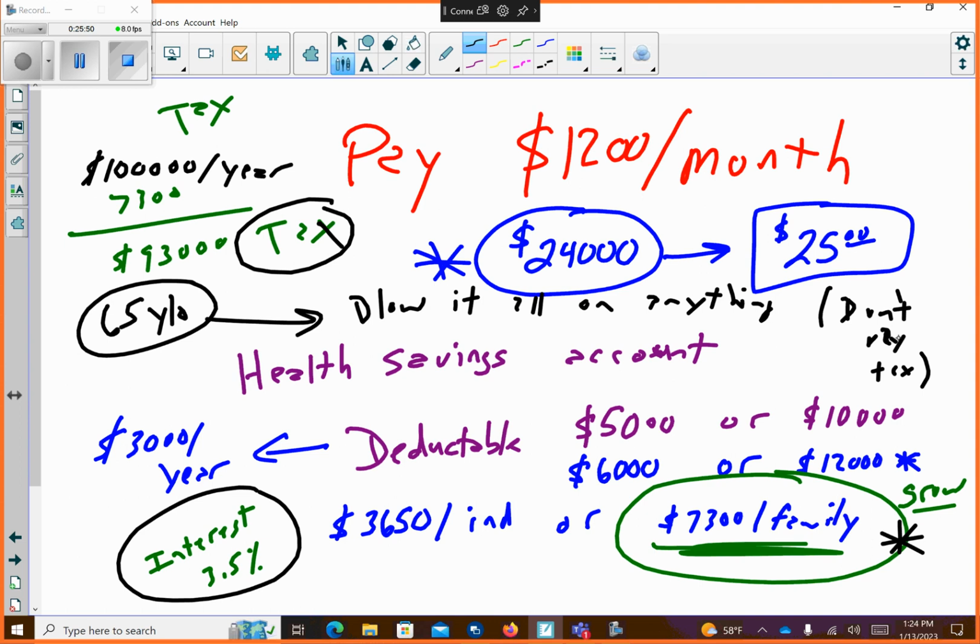The health savings account, and again, they have a maximum that you can put in that's tax sheltered, and it keeps going up. That $3,650 was for this year. The year before it was $3,500, so it went up $150 per individual, or $300 per family.